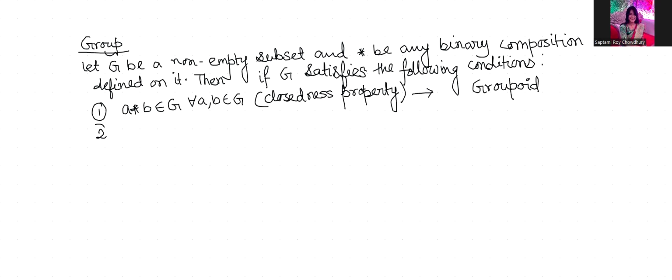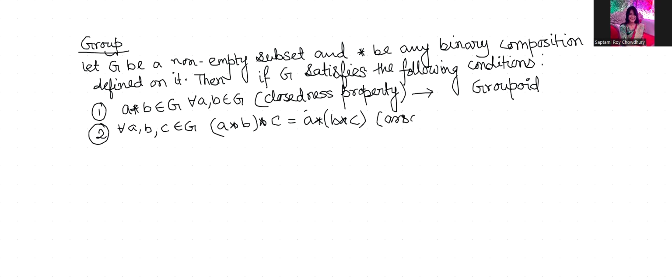Next one, for all a, b, c belonging to G, we are considering here the general definition: (a star b) star c equal to a star (b star c). This is called the associative property. If this is satisfied, then we call it a semigroup.